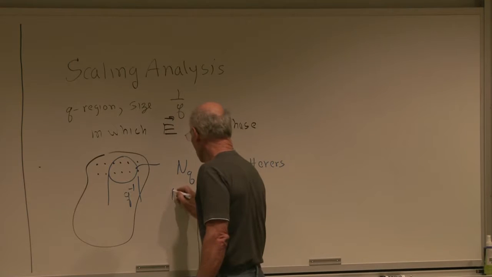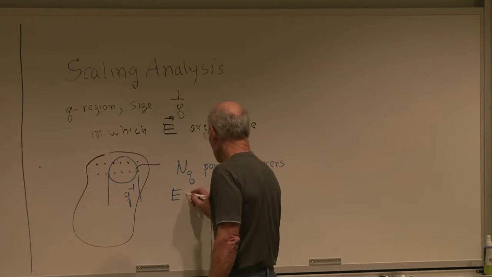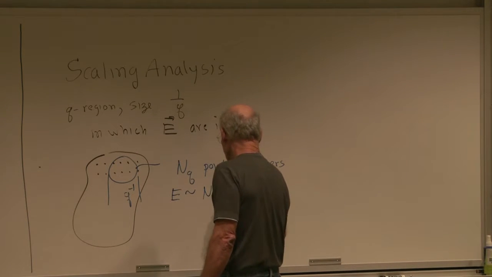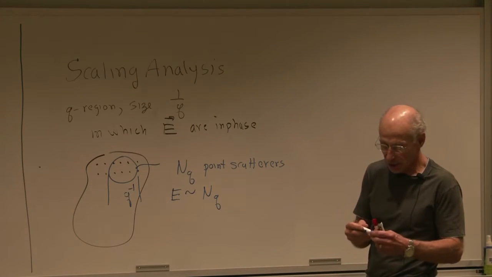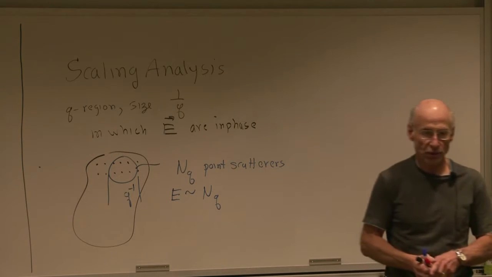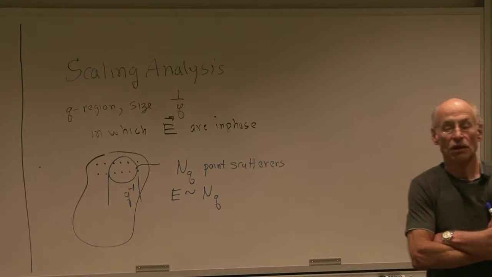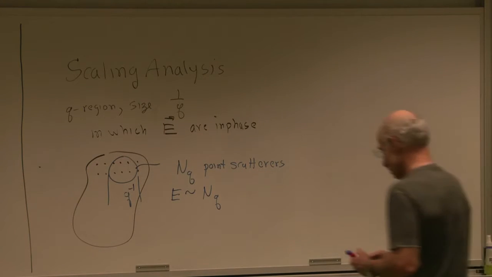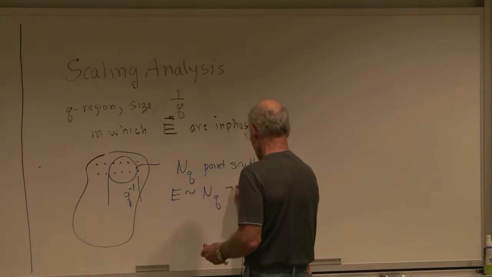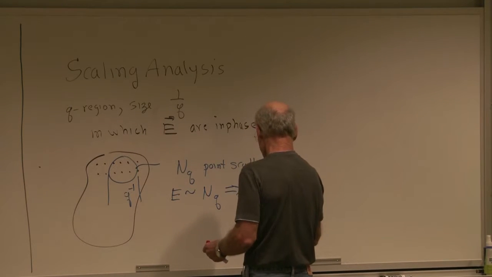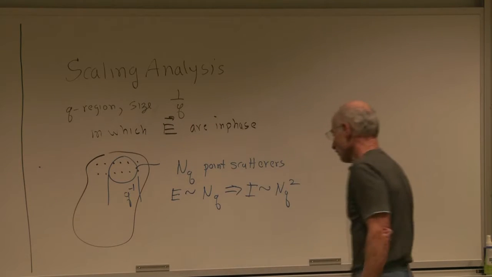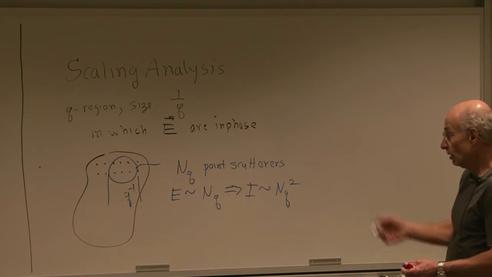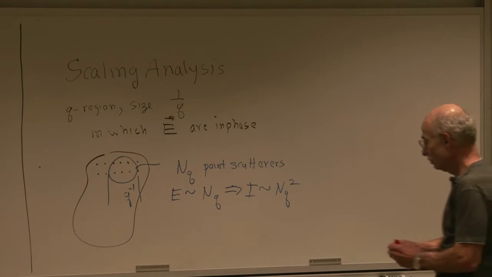So the field from that Q region is proportional to n sub q. Right? Now let me ask you, what's the scattered intensity proportional to? The square of that. Very good.